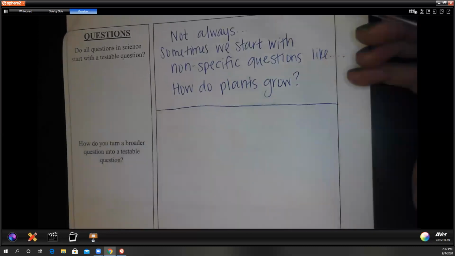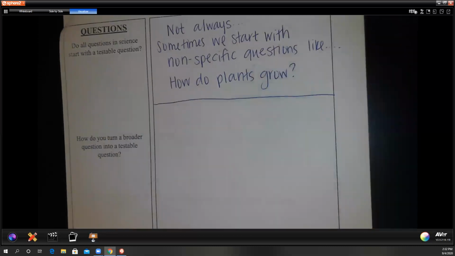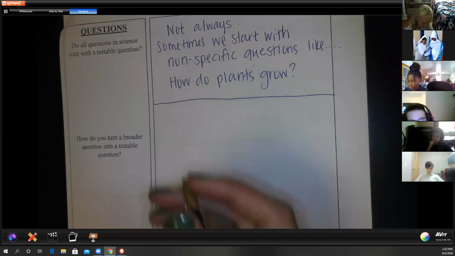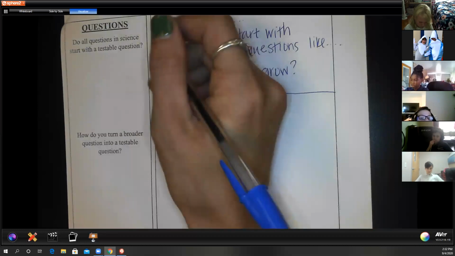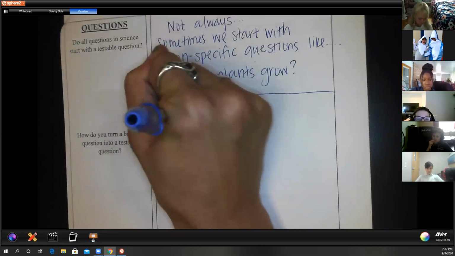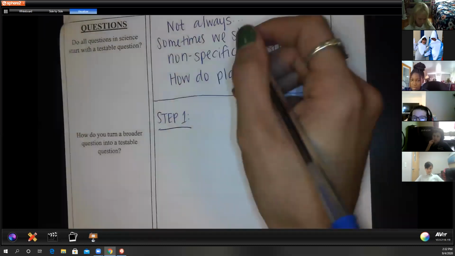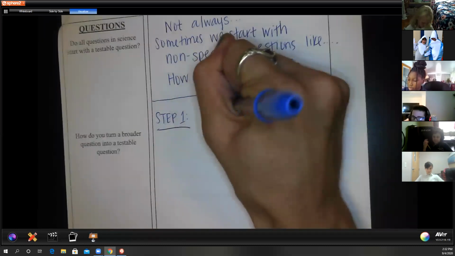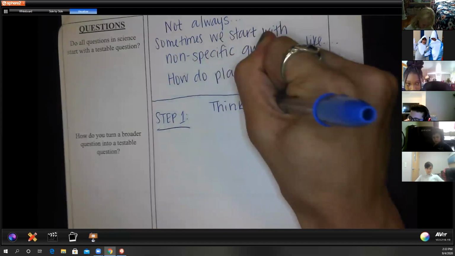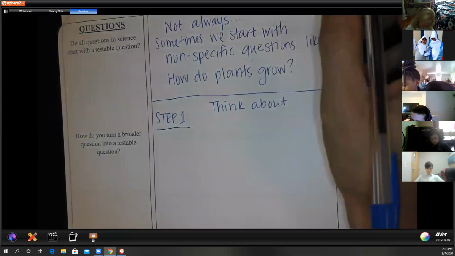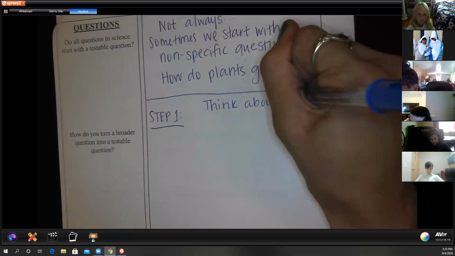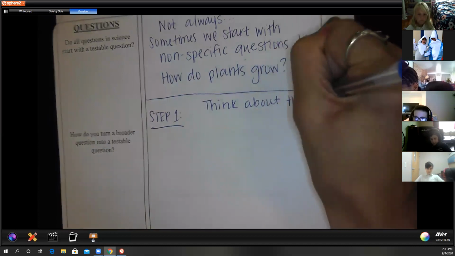So the way we're going to take a non-specific question like this and turn it into a specific question is with 3 steps. Our first step is to think about things that affect plant growth.